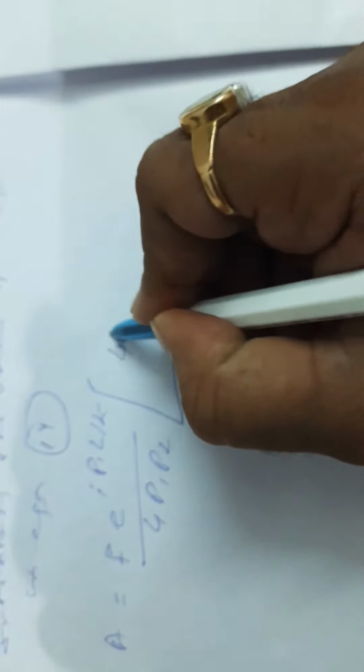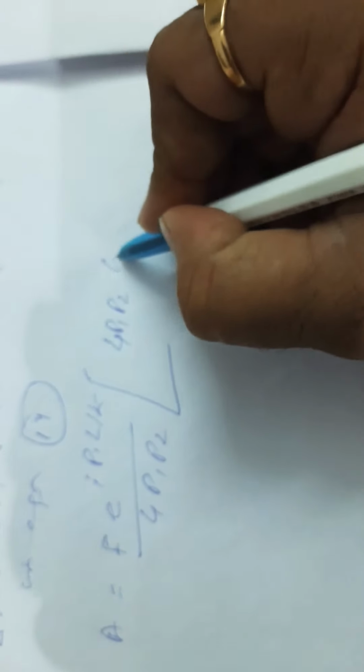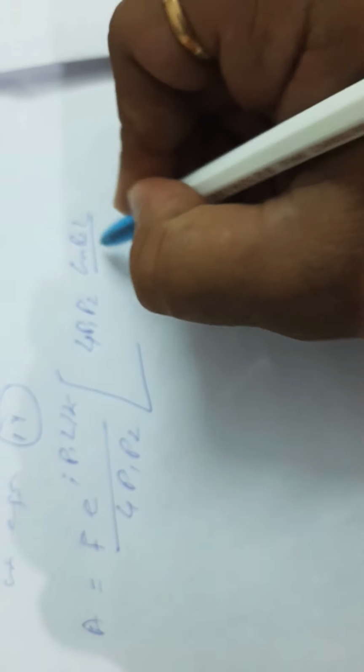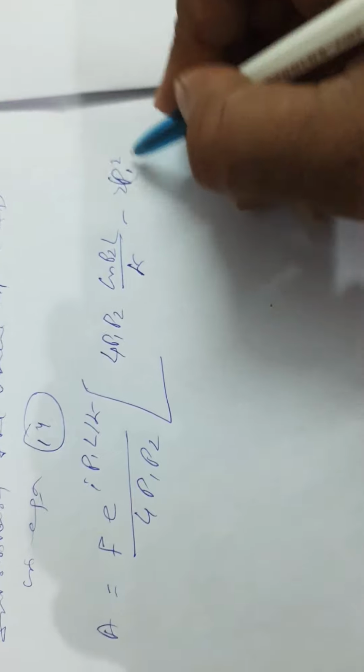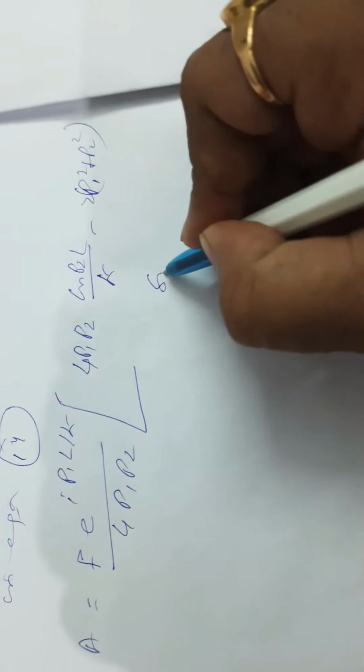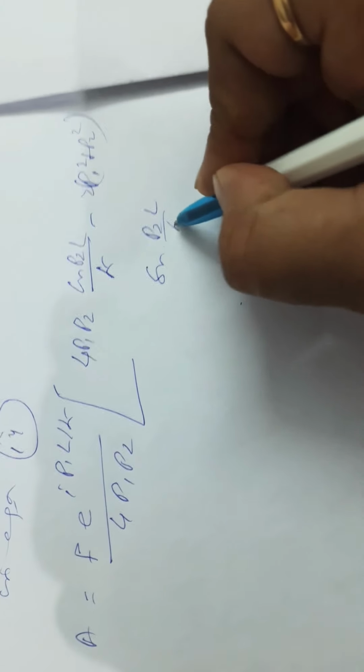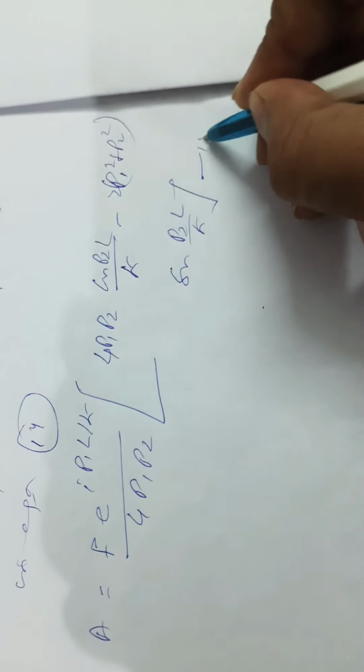Take a bracket over here and write down 4 P1 P2 cos P2L by h cross minus 2i (P1 square plus P2 square) into sine P2L by h cross. So this will be our equation number 18.